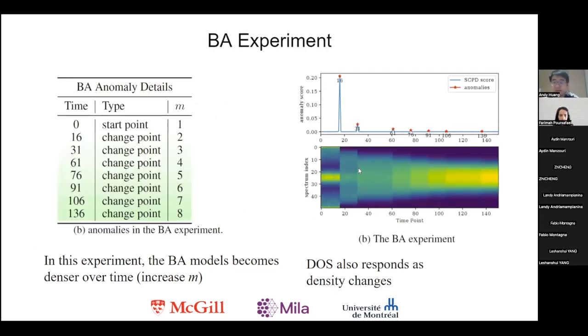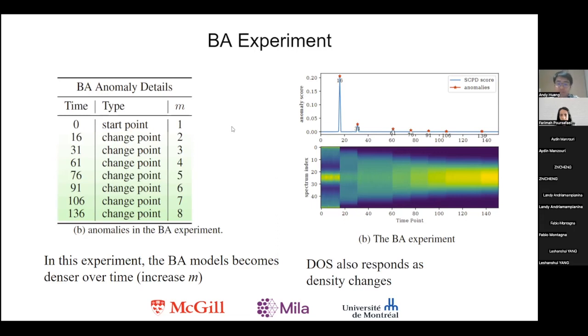And then here is the BA model, or the preferential attachment model. Here the change in the parameter is just the increasing density of the graph. By changing the parameter m, we're attaching more edges when a new node arrives. So the graph essentially gets denser over time, and you can see this very interesting change in the spectrum.